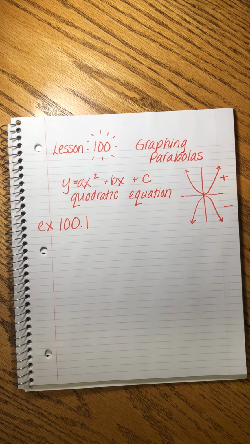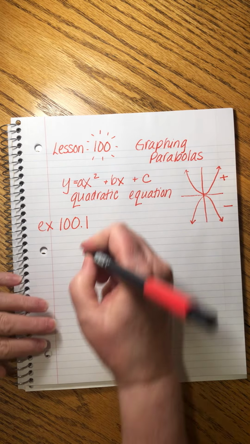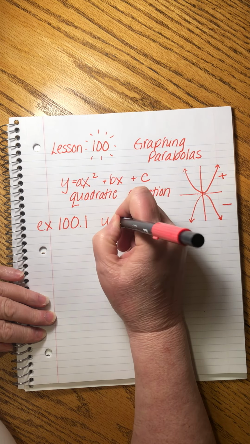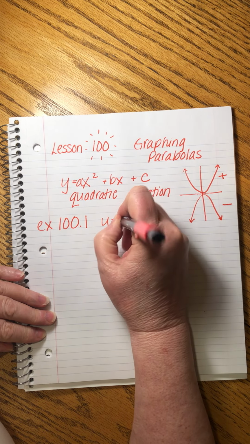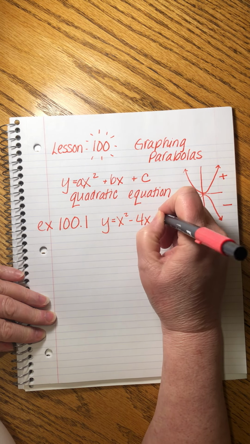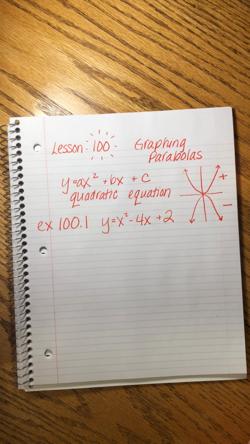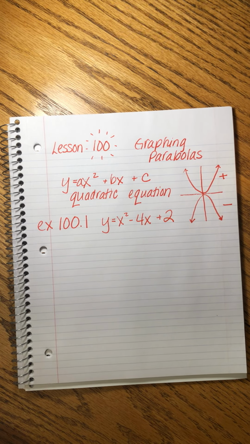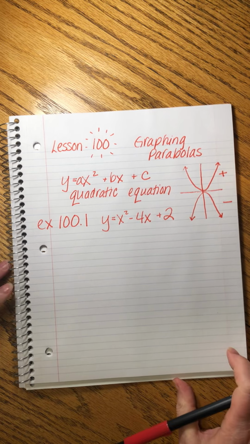All right, so the equation that we're given is y equals x squared minus 4x plus 2. And John says something that's somewhat chilling. He says, complete the square to graph.